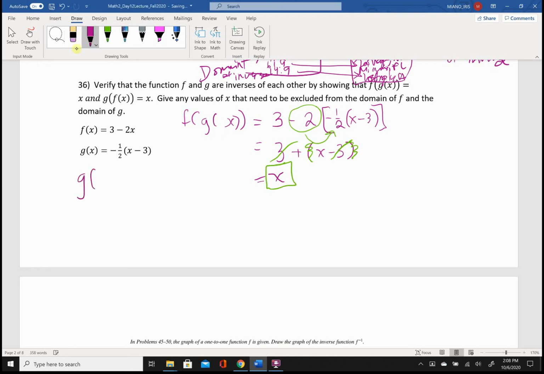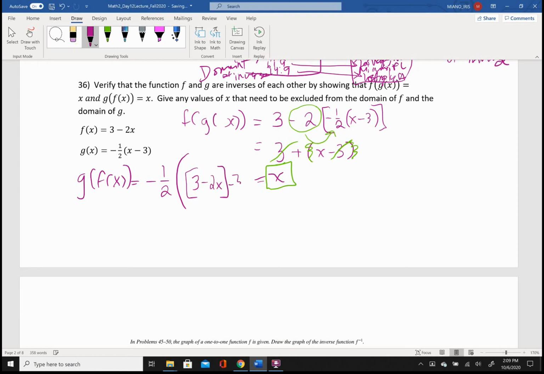Let's say that we fed f of x inside of g of x. What should we expect to get? Well, we'll take a g of x structure, negative 1/2 times the quantity of, what is it, x. And instead of x, what are we putting in? 3 minus 2x, right?